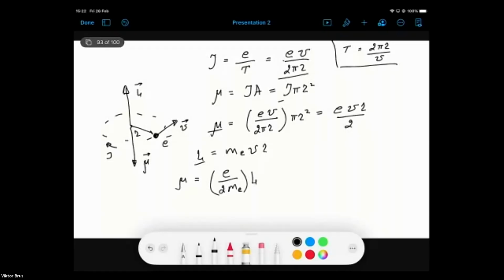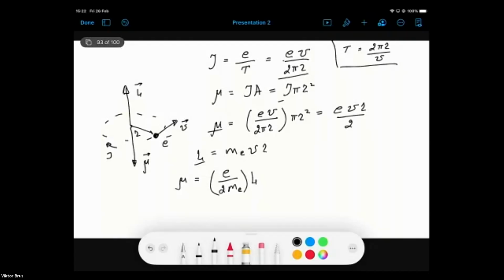Since, again, I repeat this, the electron charge is negative, the directions of these two vectors, L and mu, are opposite. They are parallel to each other, but pointed in opposite directions.